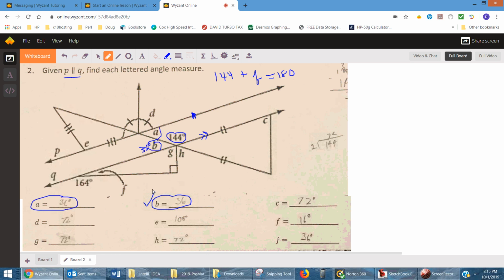So that's correct. Now let's see what else we can find out. These tick marks right here mean that these two segments are congruent.